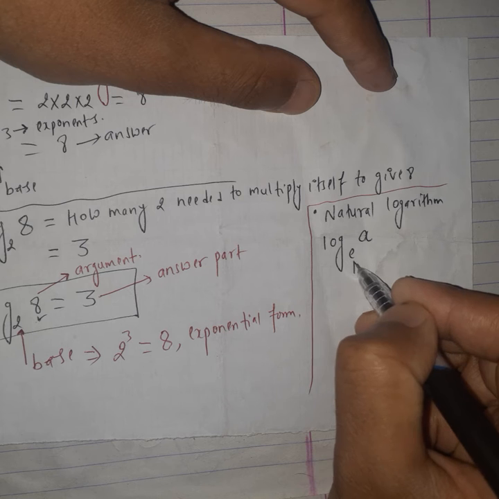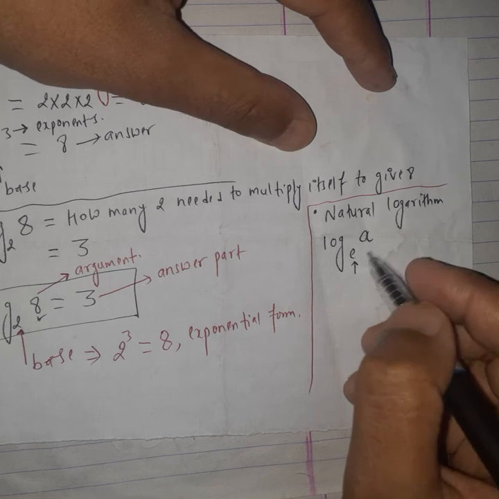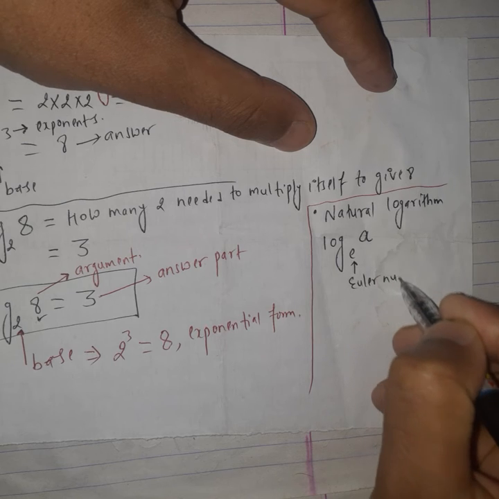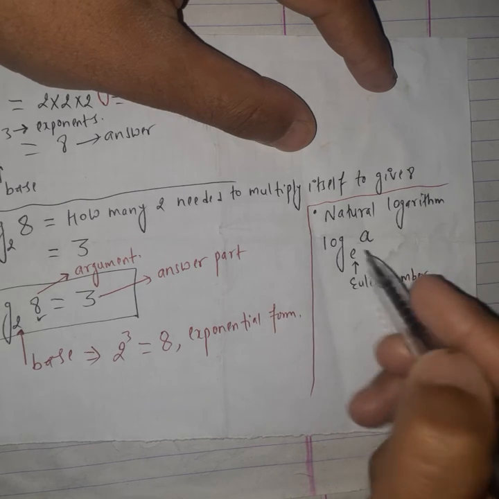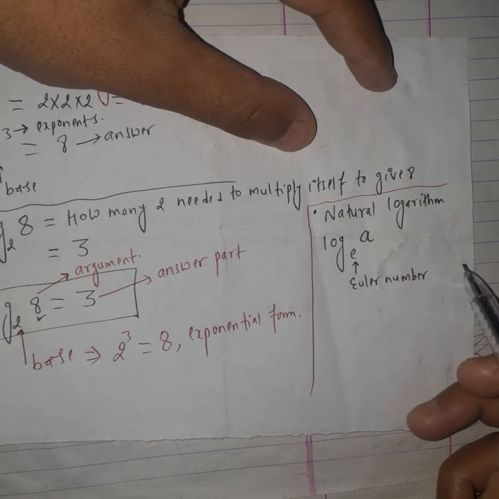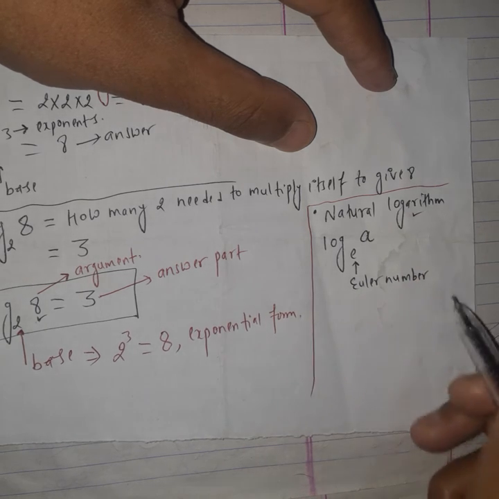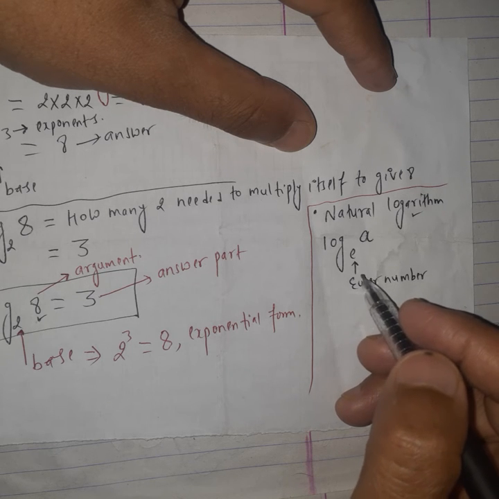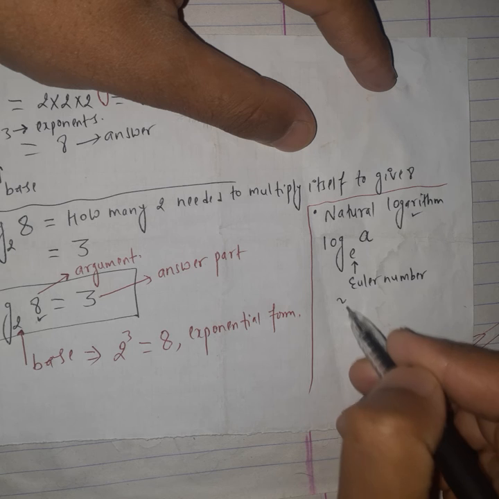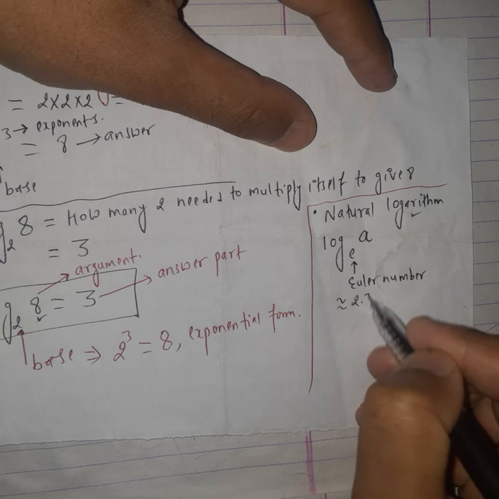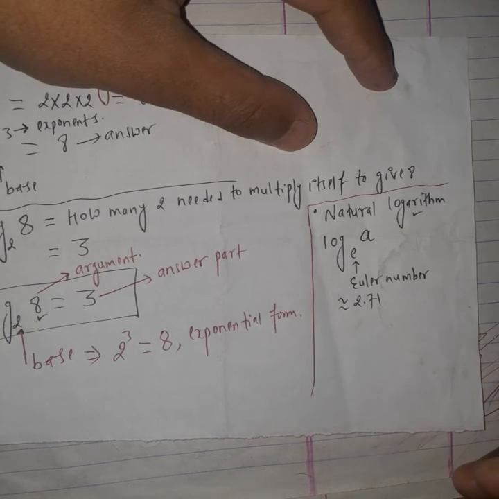Here the base e is the Euler number. If the base of the logarithm is the Euler number, then that type of logarithm is called the natural logarithm. The Euler number is an irrational and transcendental number. Its closest value is nearly 2.71 up to 2 decimal places.